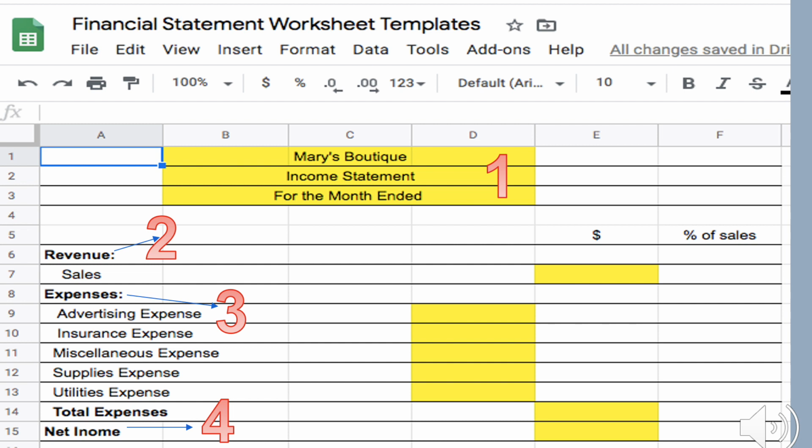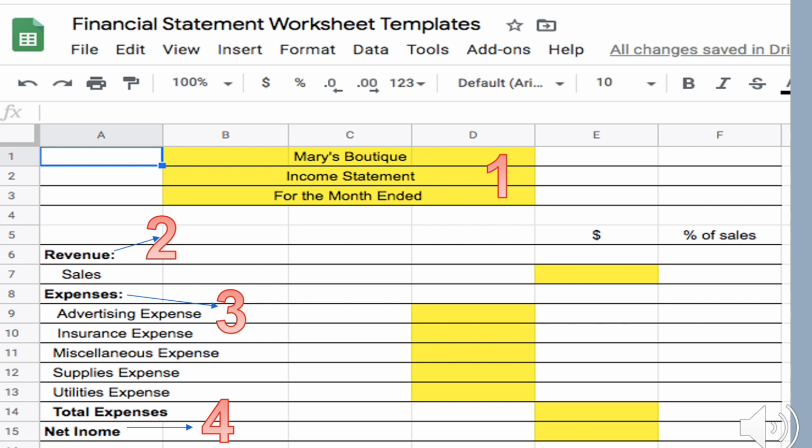So the first step, I had mentioned the heading. The heading has three major components. You need the name of the business, you need the name of the report. Here, the report is the income statement. Remember, I told you there are three financial statements, and so depending on which one you're doing, that would go in line 2. And for the month ended or for the year ended, and there would be a date there, December 31st, 2014.